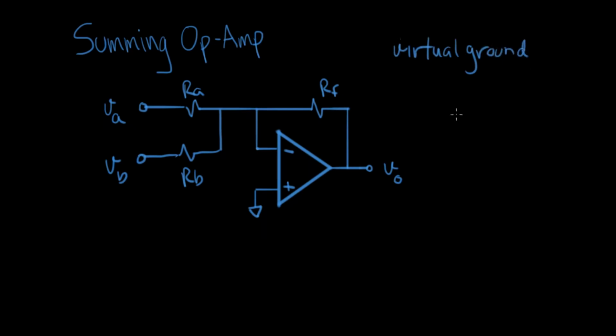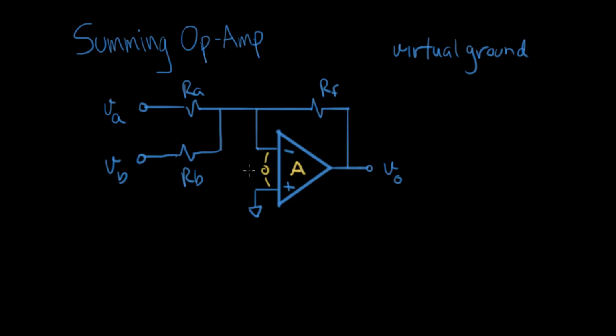The idea of a virtual ground applies to most op-amp circuits, and it's a really useful way to simplify the analysis. When we use a virtual ground, one of the things I like to do is just draw a little symbol here, like that, for my virtual ground. As a review, if the voltage coming out of this op-amp is in a reasonable range, sort of plus or minus 10 volts or something like that, and because the gain of this op-amp is so enormous, on the order of 100,000 or a million, that means that when this is working properly, these two voltages will be really close together.